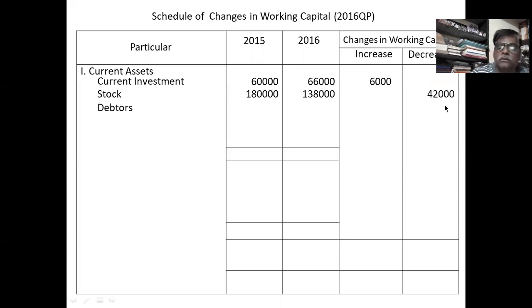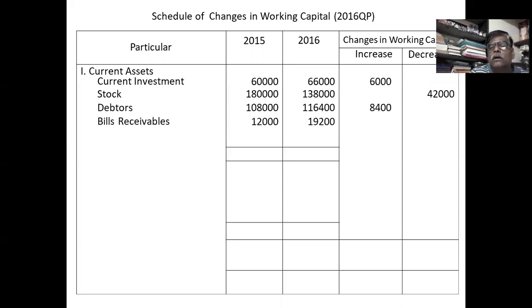Next is debtors. Debtors 1,08,000, 1,16,400. 8,400 is increase. Okay. Bills receivable 12,000, 19,200. So 7,200 increase. Next, cash in hand 39,600, 91,200.